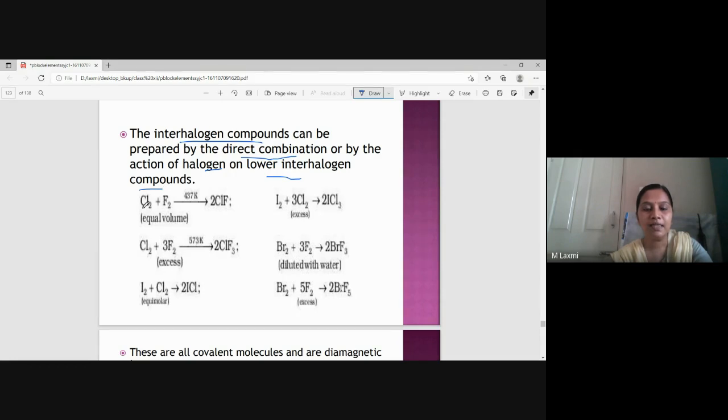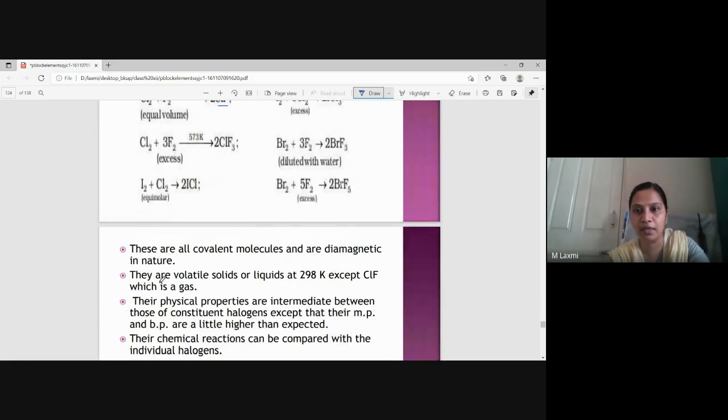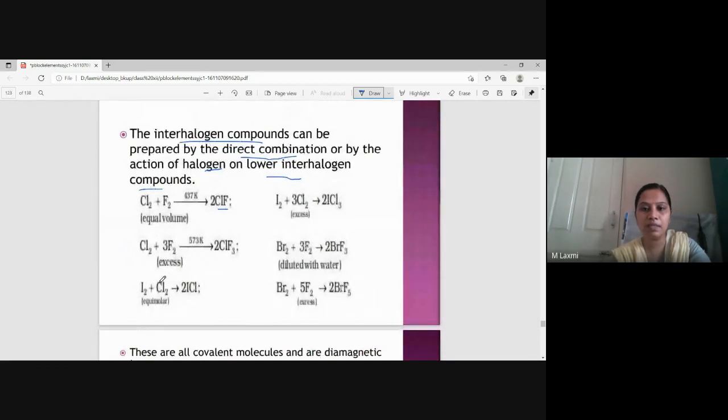On the left hand side, a chlorine molecule and a fluorine molecule in equal amount result in the formation of chlorine fluoride. This is formed by direct combination of two halogens. I think there are no examples here for the action of halogen on interhalogen; this is all direct mixing only.